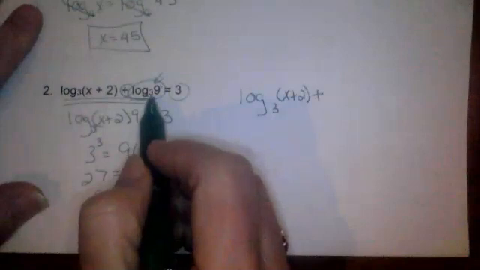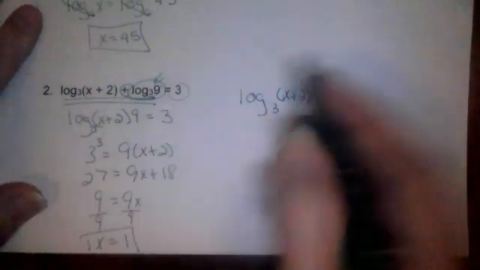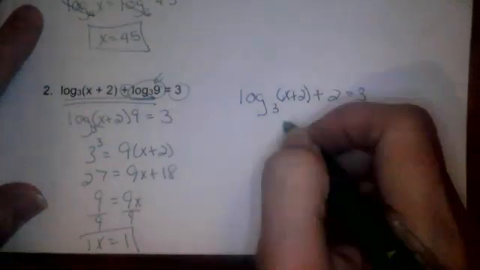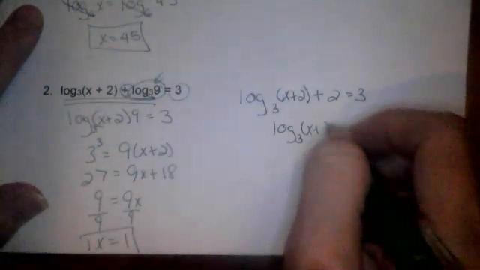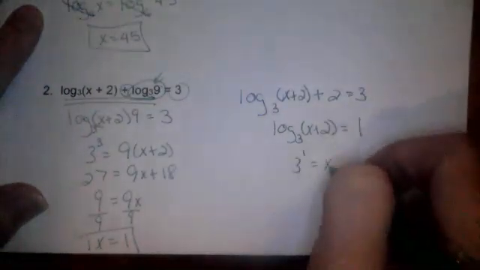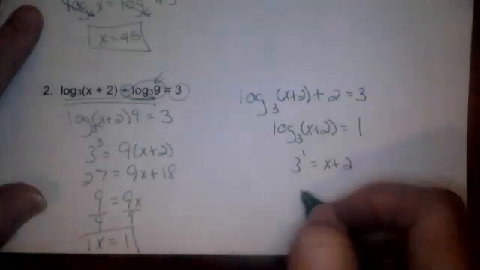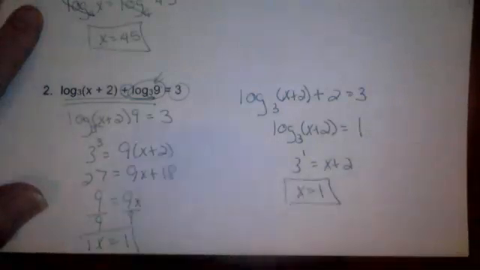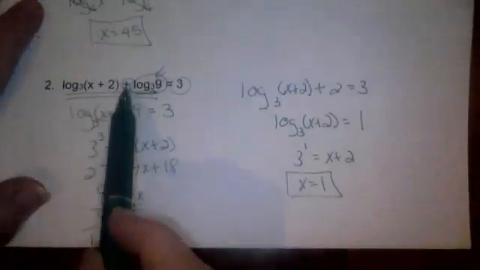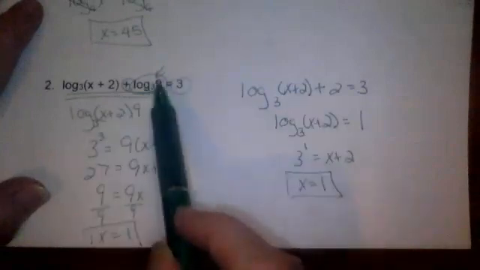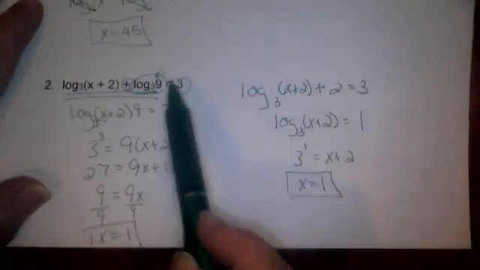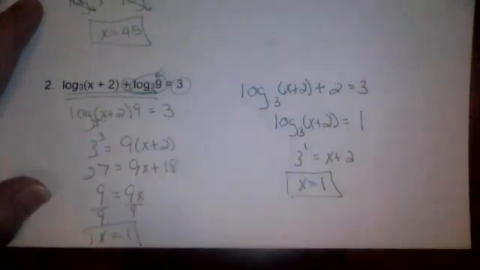So log base 3 of 9 would be 3 to what power gives me 9, which is 2. And then we could subtract the 2. And then we could rearrange: 3 to the first equals x plus 2. So just subtract 2 and x is 1. You get the same thing no matter which way you go at it, whether you combine the logs using multiplication or whether you saw that you could solve this and get a constant and move it to the other side. This one is easier, but you could still combine the logs and get the same answer.